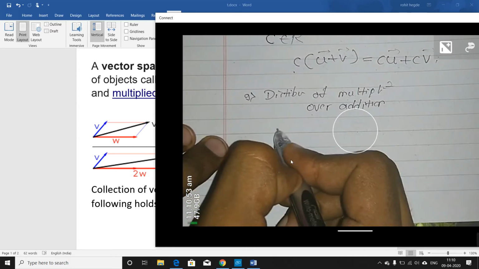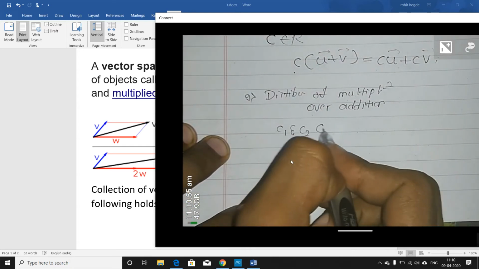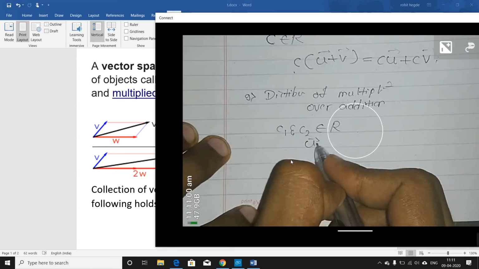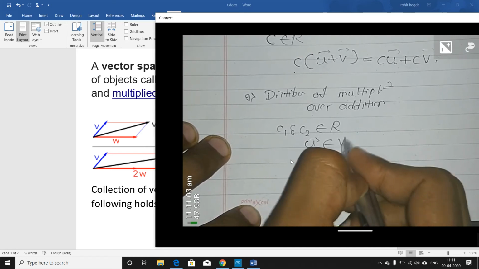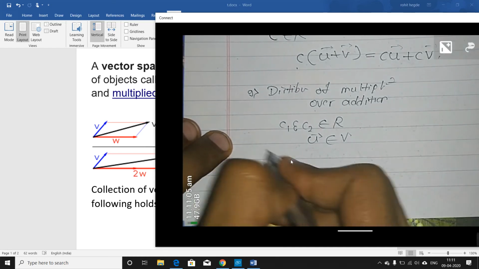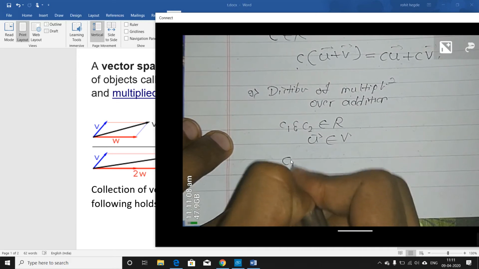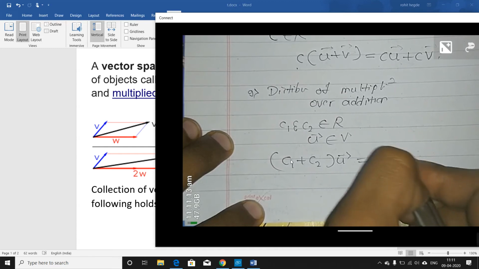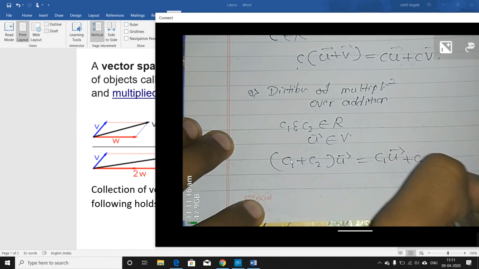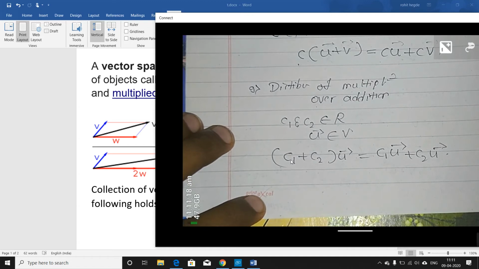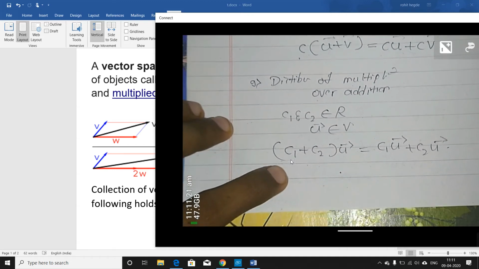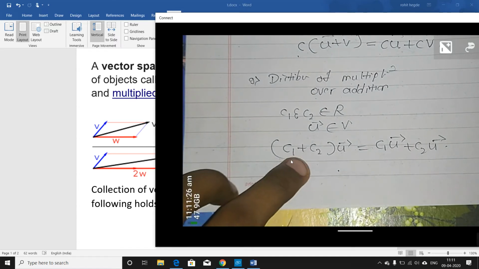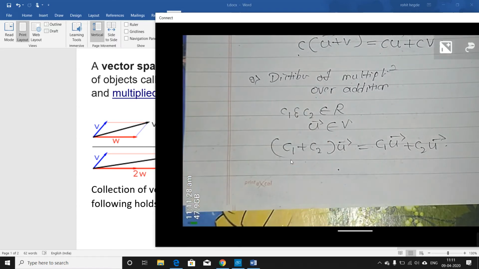Here let c1 and c2 belong to the real numbers. Then we know that u vector belongs to the vector space V. If it satisfies (c1 plus c2) into u vector equals c1 into u vector plus c2 into u vector, then we call this the distributivity of multiplication over addition.